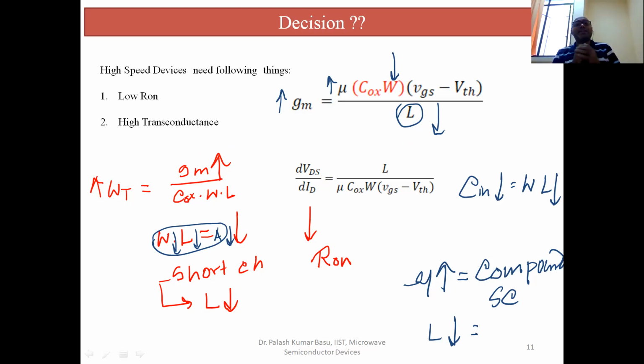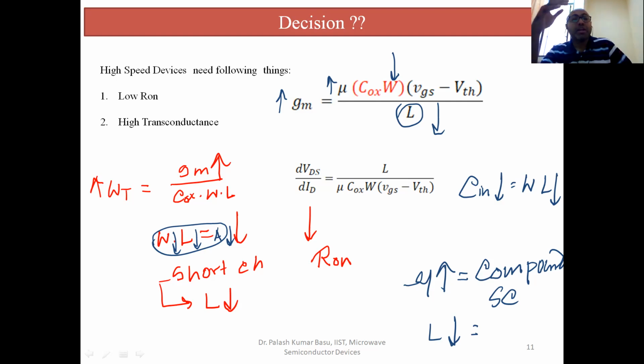Now suppose I have a particular semiconductor structure, and in this case I have a high W. I have achieved like 1000 gigahertz, but my required operating frequency is, suppose, 700 gigahertz. Then how to reduce it?